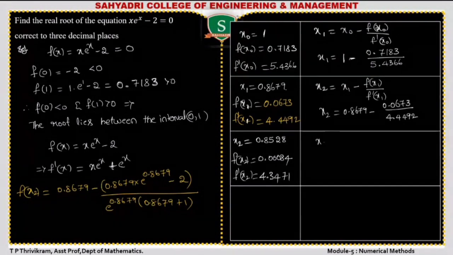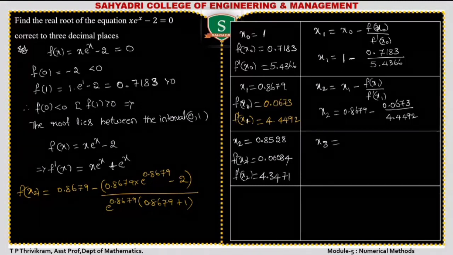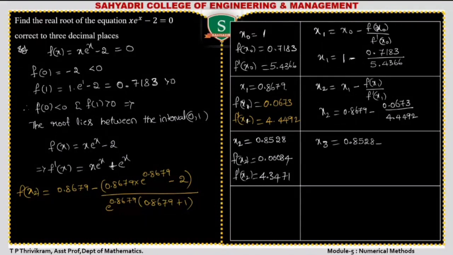Next, x3 will be how much? 0.8528 minus 0.00084 divided by 4.3471.